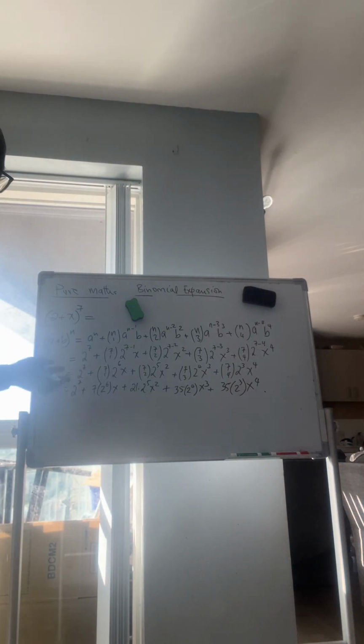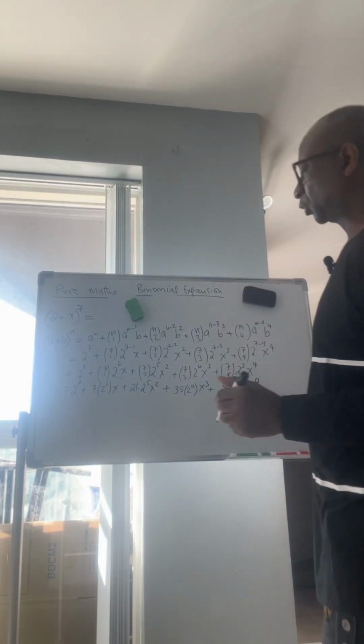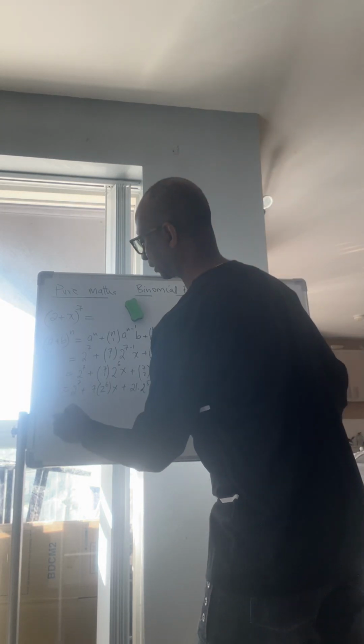So all that is required for us to do is to simplify. 2 raised to the power of 5 is 32. 2 raised to the power of 6 is 64. 2 raised to the power of 7 is 128.